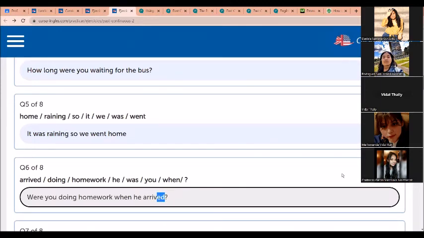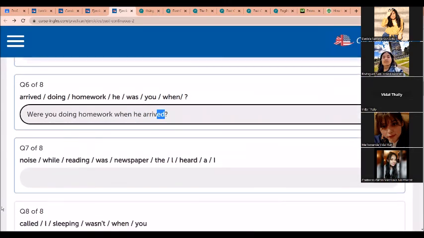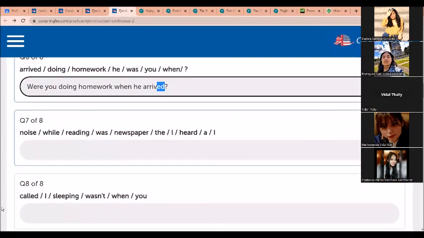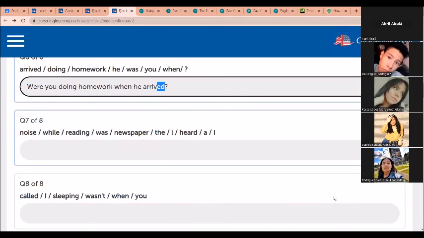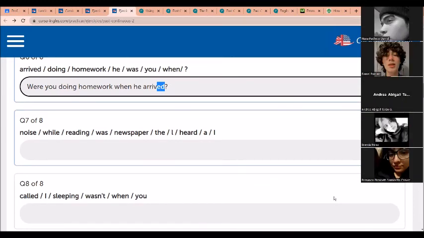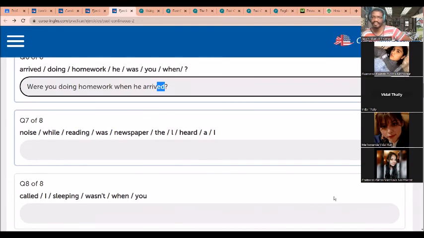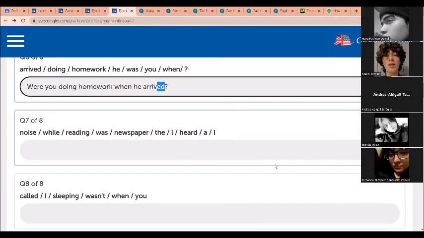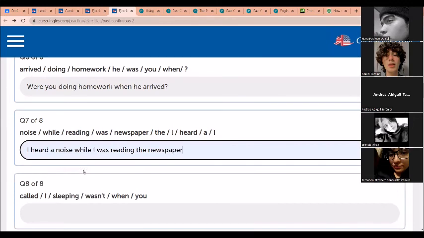All right. Miroslava, just by the skin of your teeth, number 7. I was reading newspaper. No. All right. That's going to be the second part.